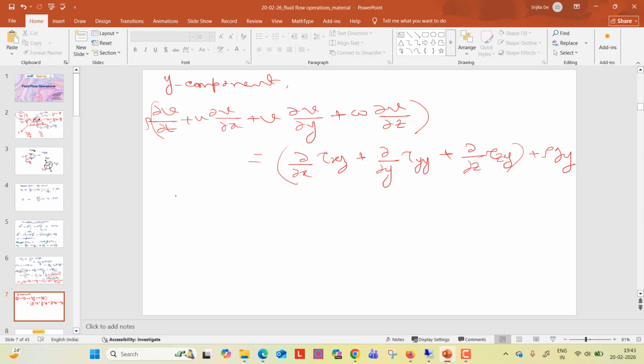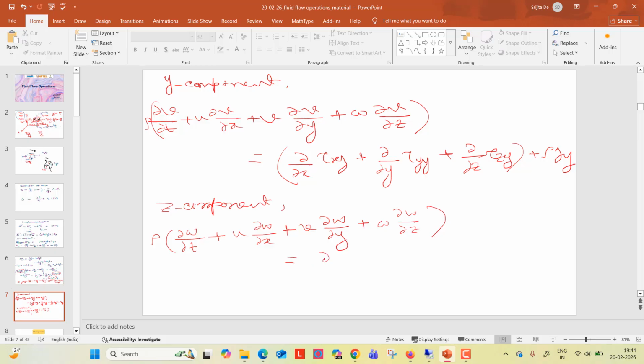And next comes the z component. Similarly, you can write on your own: rho into del w del t, where w is the z component velocity, plus u del w del x plus v del w del y plus w del w del z equals to del x of tau xz.